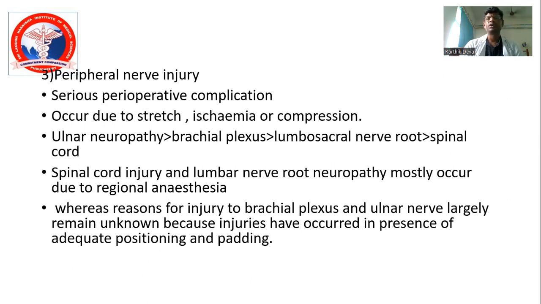Spinal cord injury and nerve root neuropathy mostly occur due to regional anesthesia, whereas the reason for injury to the brachial plexus and ulnar nerve largely remains unknown because injuries have occurred in the presence of adequate positioning and padding also. However, it is better to avoid hyperextension, that is, abduction of more than 90 degrees, thereby preventing stretching of the brachial plexus in the axilla.